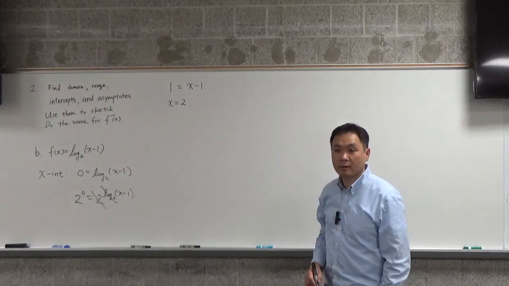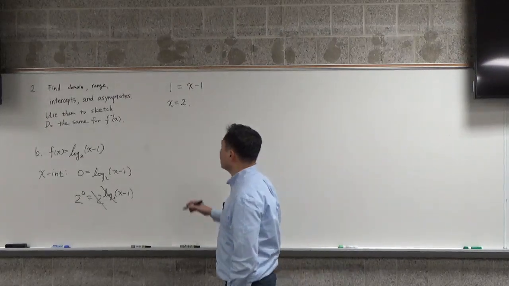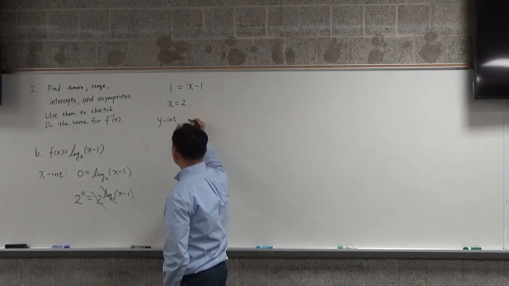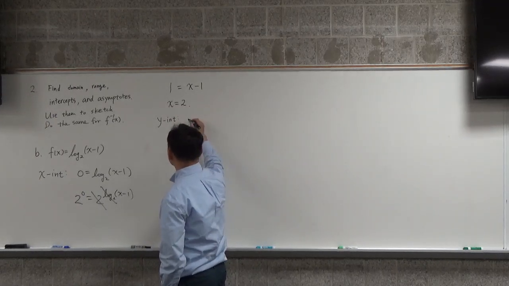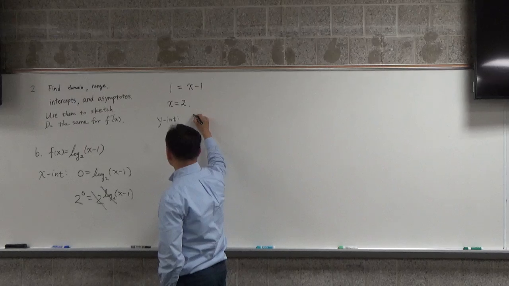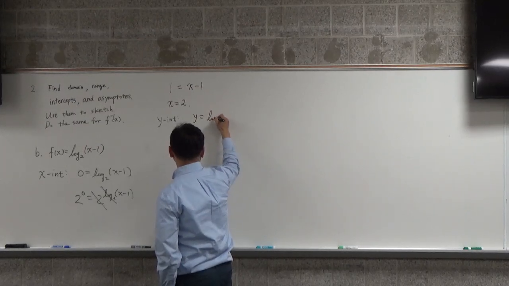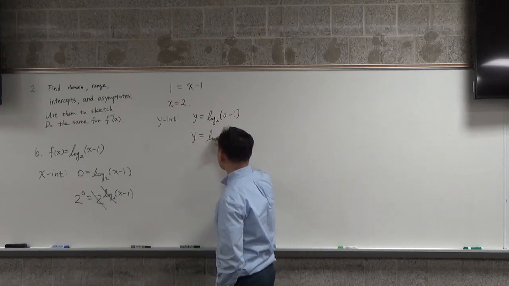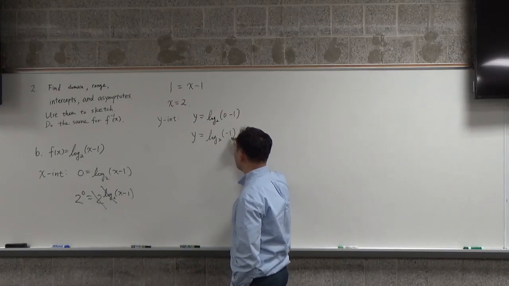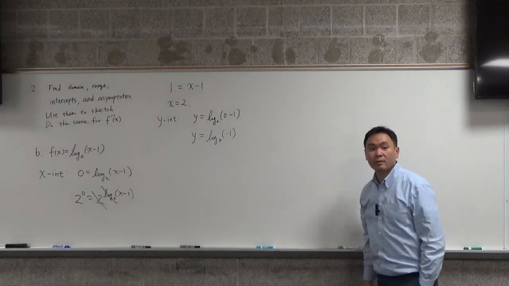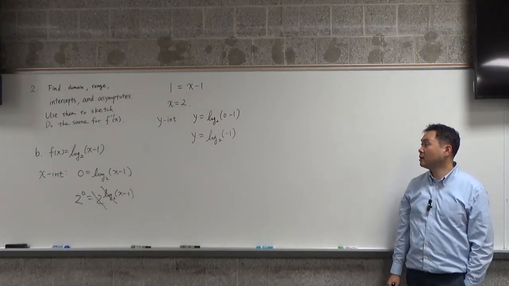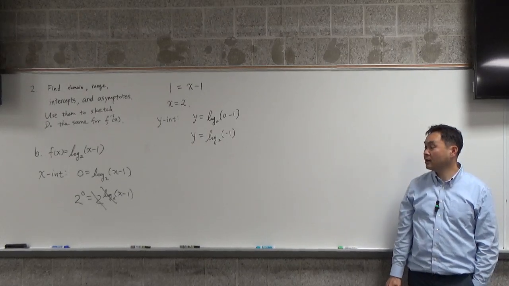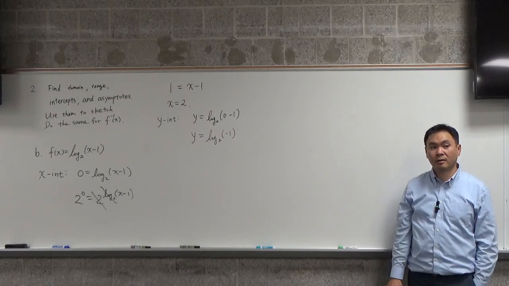Okay? Let's look for the y-intercept. For the y-intercept, you set x as 0, which gives you y equals log base 2 of negative 1. What's that?